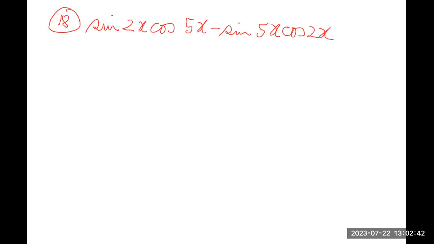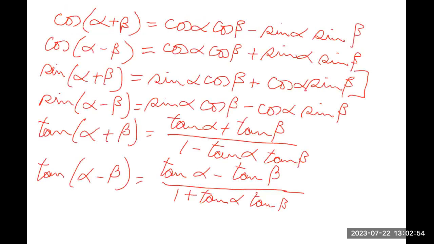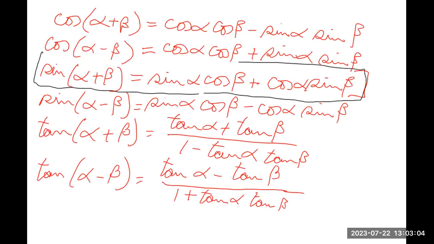And we have to shrink it into a single term. So notice that this has the form of the right side of our identity for the sum of two angles, this one. Sine alpha cosine beta plus cosine alpha sine beta.